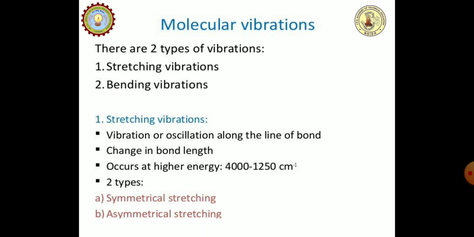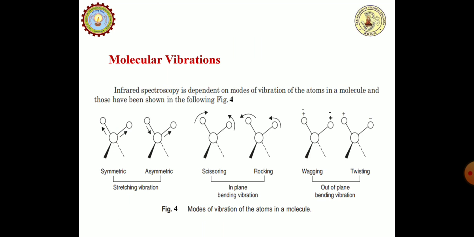The first, stretching vibration, is a type of oscillation along the line of the bond. In this vibration, a change in bond length takes place, and it occurs at higher energy, 4000 cm⁻¹ to 1250 cm⁻¹. In stretching vibration, there are two types: symmetric stretching vibration and asymmetric stretching vibration.